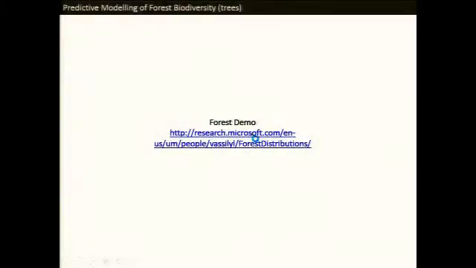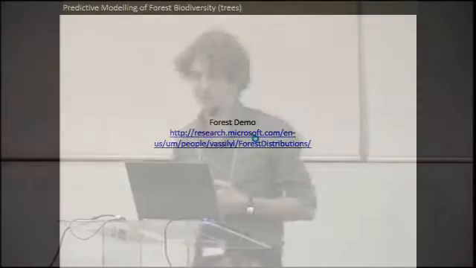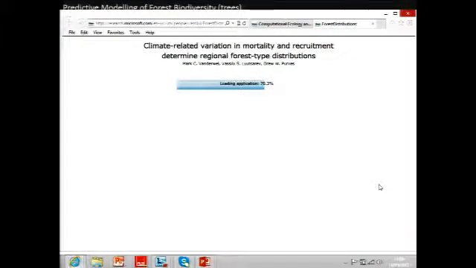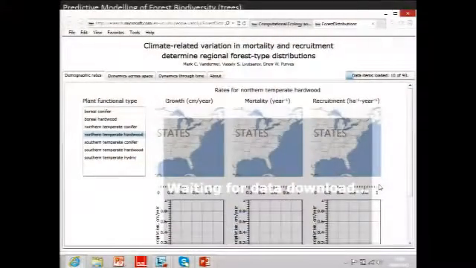So that's the group. I wanted to show you some example projects. So here's one, for example. My scientific focus before I joined Microsoft was mostly about trees and forests, and in particular trying to model how the structure and species composition of forests emerges from the biology and interactions among individual trees.